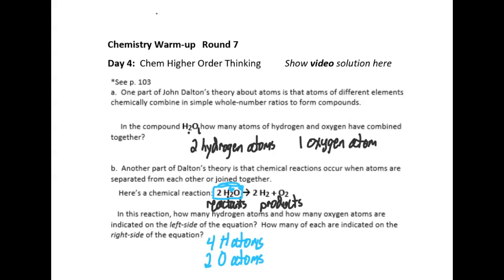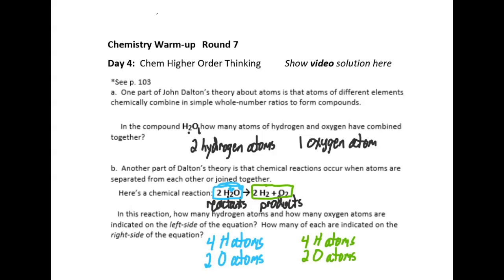Next, how many of each are indicated on the right side of the equation? Now focus your attention over here. There are 4 hydrogen atoms and 2 oxygen atoms.